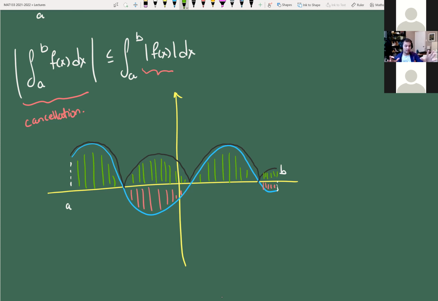All this subnormality says is that if you take the function and put it all above the x-axis, that area is bigger than if you let some of it be beneath the x-axis. That's the intuition behind what subnormality is telling you. If you put it above the x-axis and compute the area so that all the area is positive, then that's going to be bigger than if you allow some area to be negative.